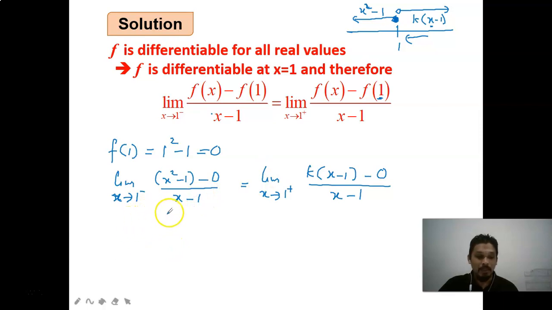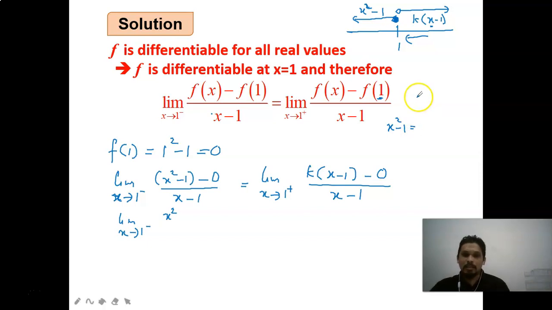Okay, now simplify this. The limit x approaching 1 from the left, it has x squared minus 1. This is a kind of quadratic that can be factorized. Do you still remember?